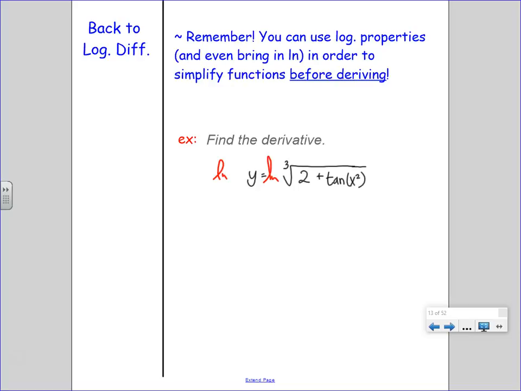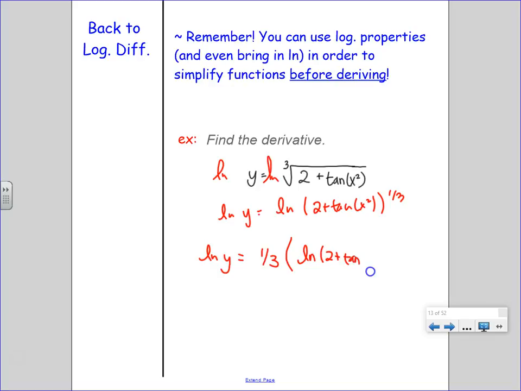We could see this expression as all the nastiness, 2 plus tangent of x squared, to the 1/3 power. And since the entire thing is to the 1/3 power, what can I do with the 1/3? I can bring down the 1/3, and I can ln of 2 plus tangent.